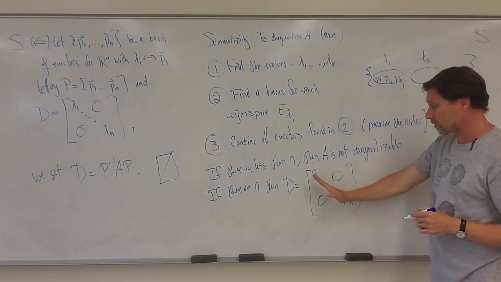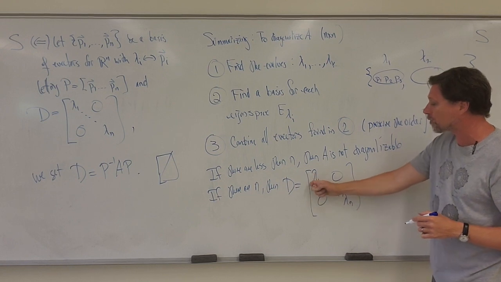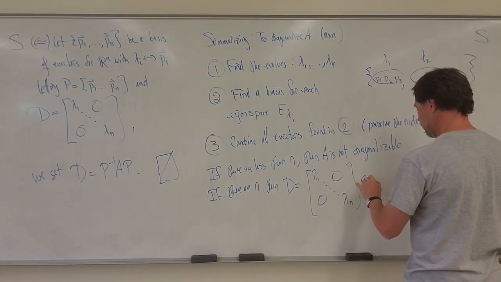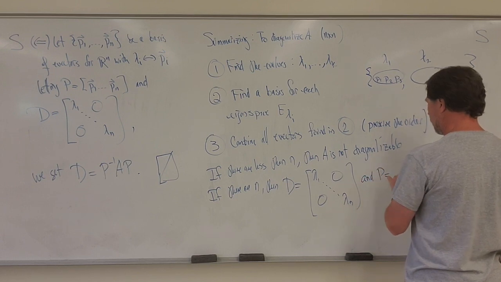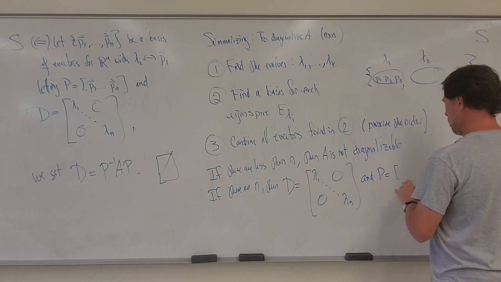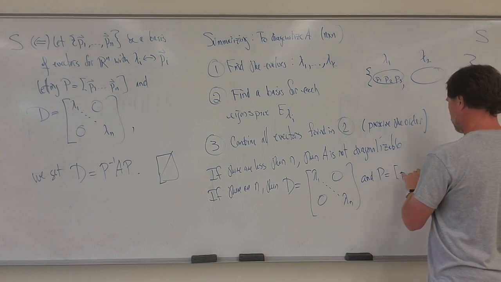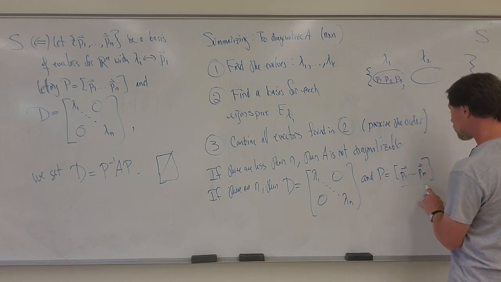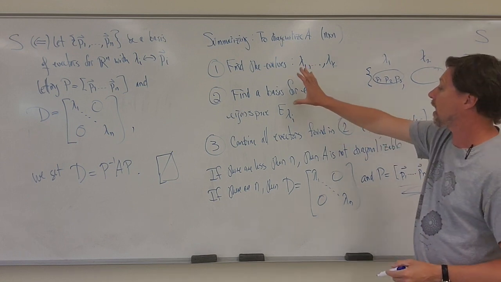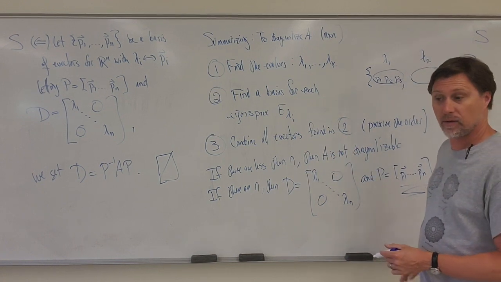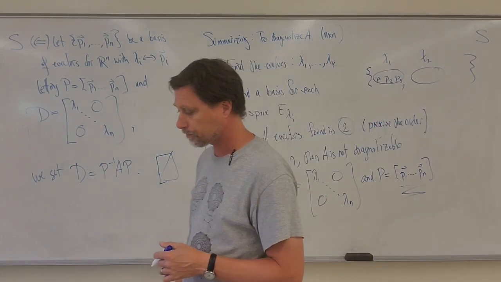There very likely will be some repeats along this diagonal. And the matrix P is P1 up through P sub n, where these P's are the eigenvectors, in order, that you found in step 2.